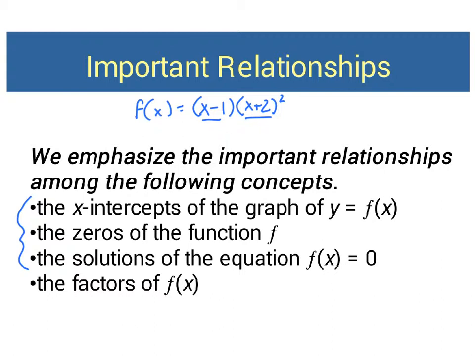If we set this function equal to 0 and solve, we would have our x-intercepts at positive 1 and negative 2. So that is how all of these relationships coincide with each other and why they are important to know.